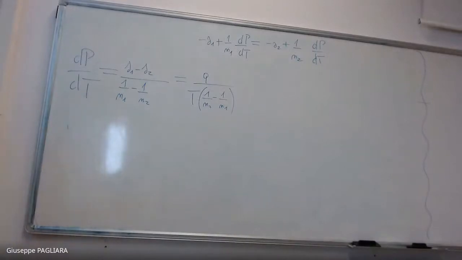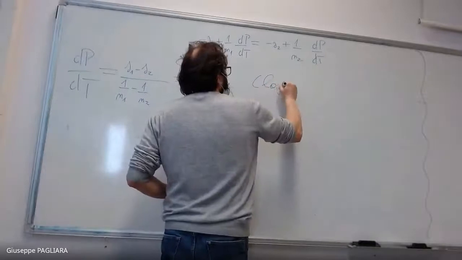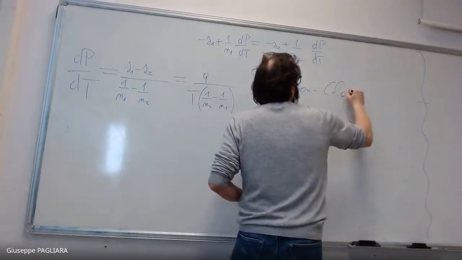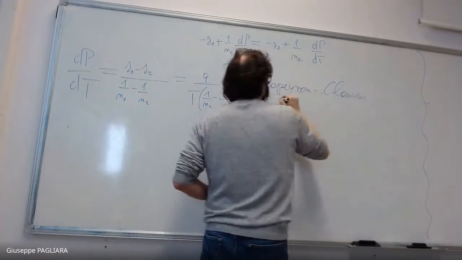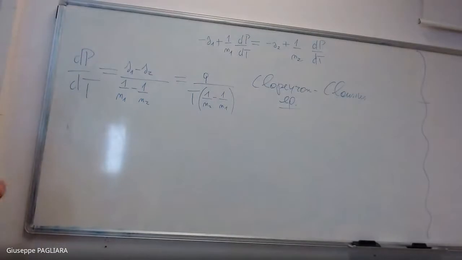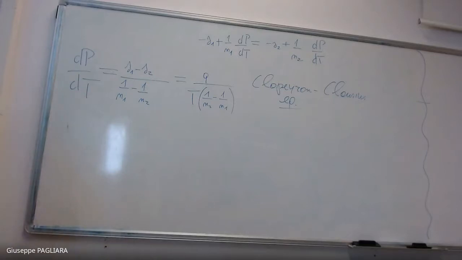Q divided by T, 1 over N1 minus 1 over N2. Now this is called the Clapeyron Equation, and it provides the slope of the first order phase transition line. Okay. So let's try to see what this equation means.